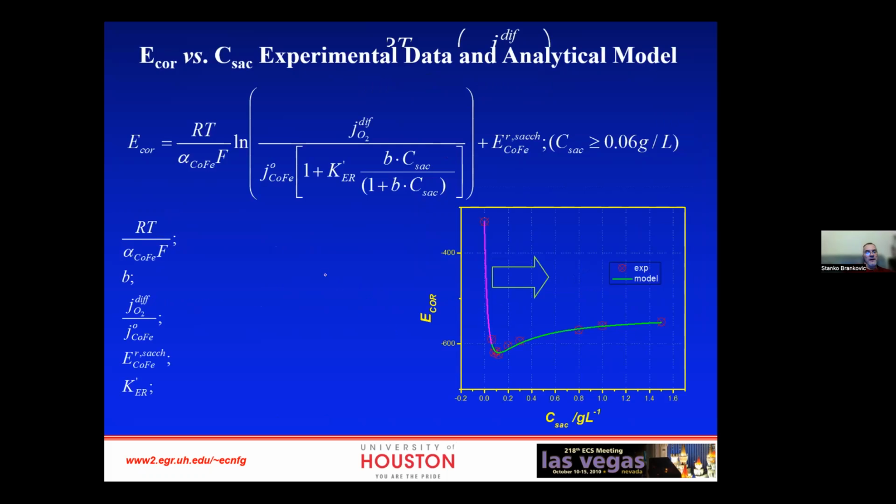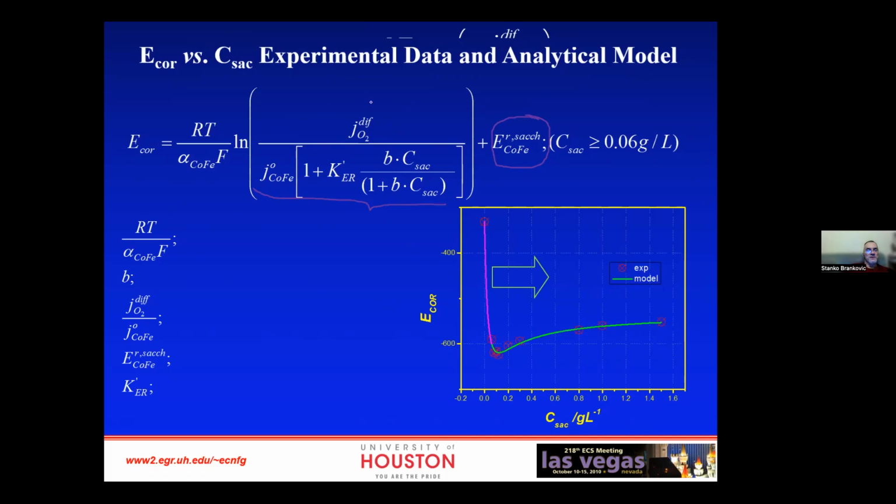So in our general term, we replace the exchange current density for dissolution by our new expression that we developed. And we assume that this equilibrium potential of our alloys when we electrodeposit them with the saccharin changes significantly and becomes some average value, which is the same for all alloys electrodeposited with saccharin in the solution.